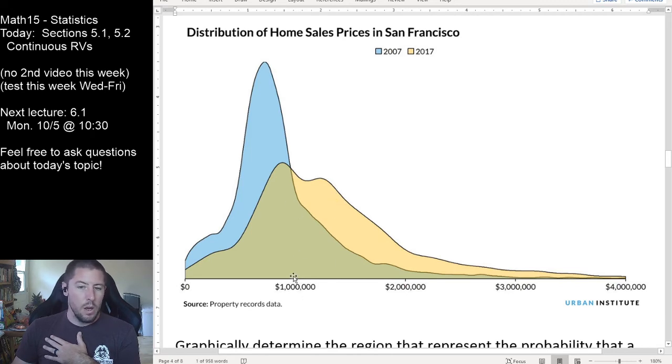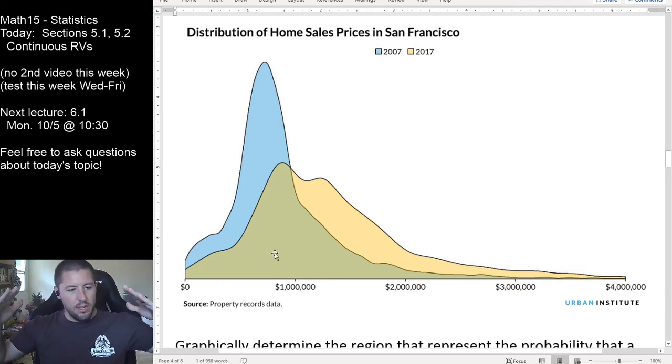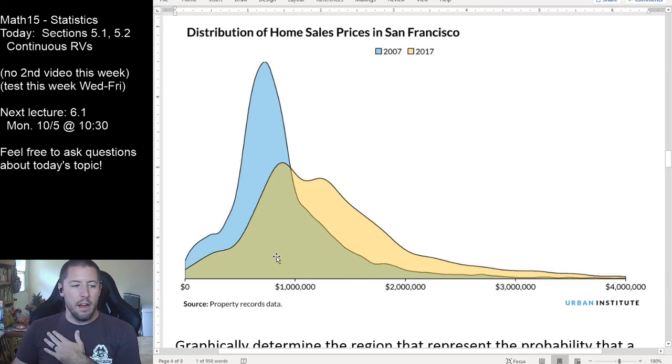Maybe more centered at 1 million, rather than centered at like 600,000 out there. It also looks like things have spread out. It looks like there's now a broader spread of home prices in San Francisco. In the past, most homes fell into a certain price category. It now seems like there is a much broader spread of different home values in San Francisco as opposed to 10 years ago, if I'm thinking of now as 2017.